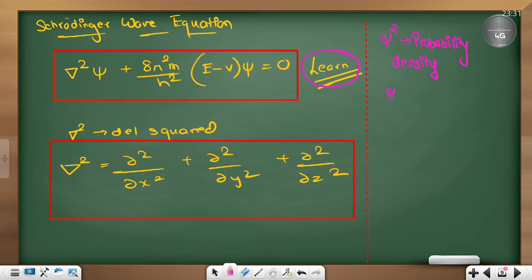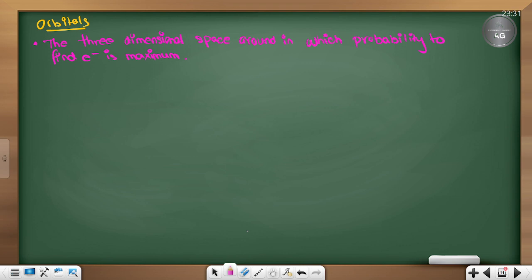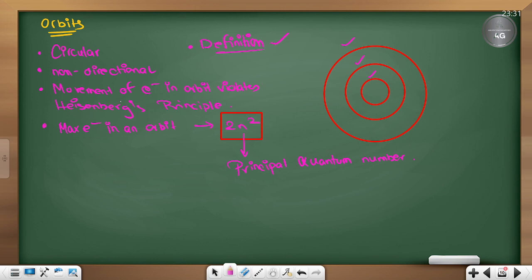And if I write psi only, then that is the amplitude of the electron wave. Clear? These two terms I forgot at that time. Psi square is probability density and psi is amplitude. Done. So probability density is the probability to find an electron. That means psi square will be maximum. Clear? If psi square is maximum at a place, we will say that to be an orbital.